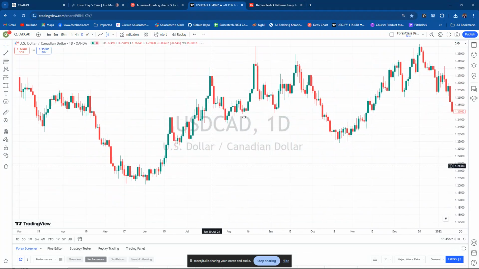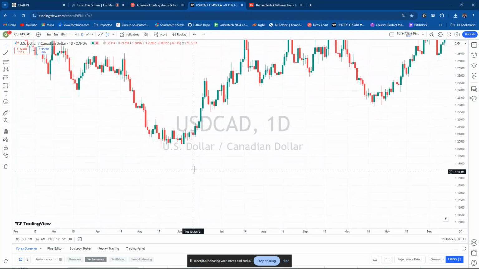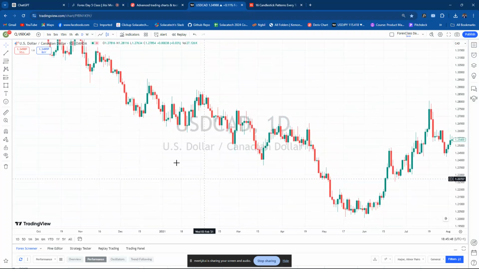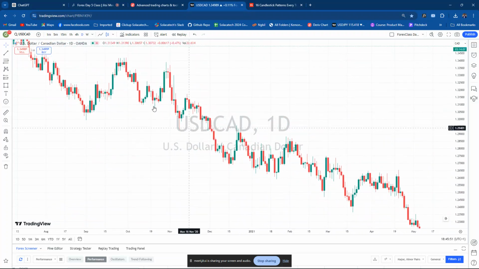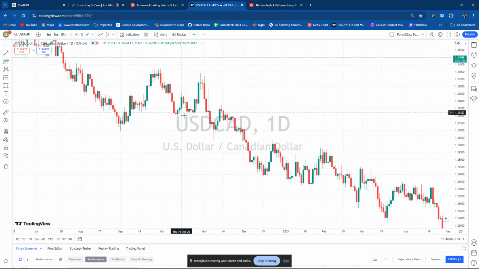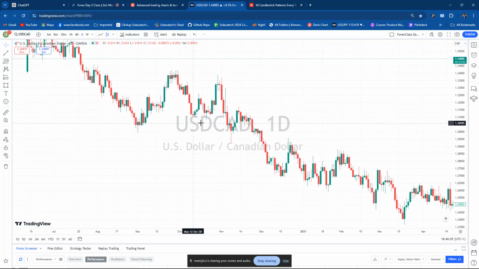So let's backtest again. So a strong shootout. Okay. So this guy here is another candle. However, let me not use that. If I use that, you'll be confused.